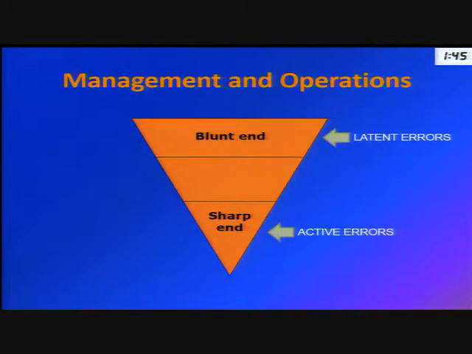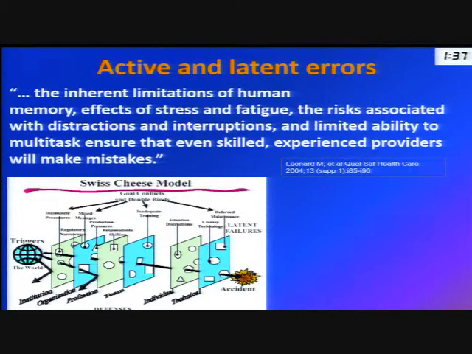So errors in the blunt end are there by design or by lack of design, because most of our processes are not really designed on purpose. In a medical school, we don't learn how to design processes. We don't learn how to design systems. We don't even think in terms of system processes. We inherit what other people have done, what our predecessors have done, and things have always been done in the same way, and we are not educated to think critically about the processes that we face.